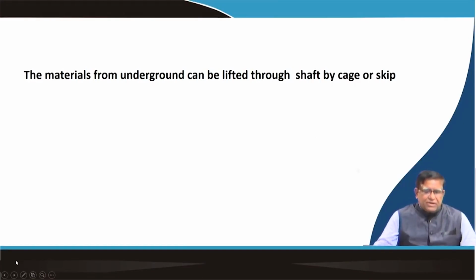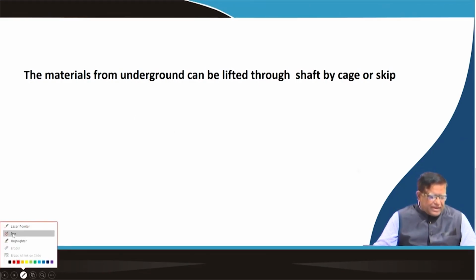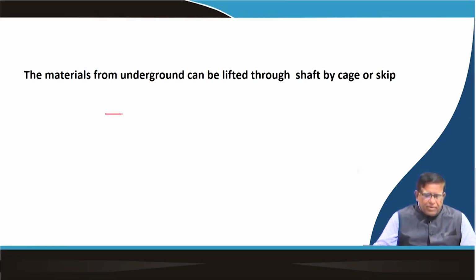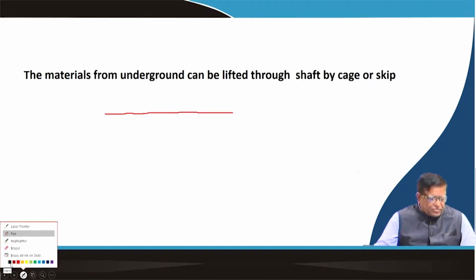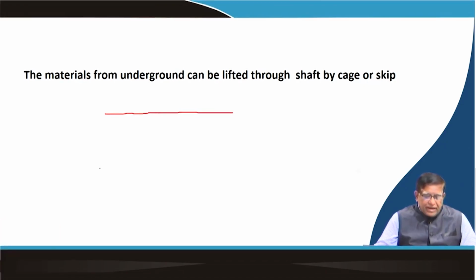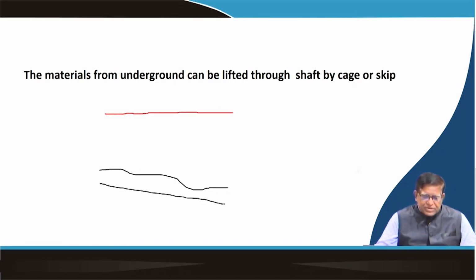You know that materials from underground can be brought up by a cage or a skip. Whenever there is an underground mine, suppose this is your surface, and you have your coal seam lying at some depth, here.